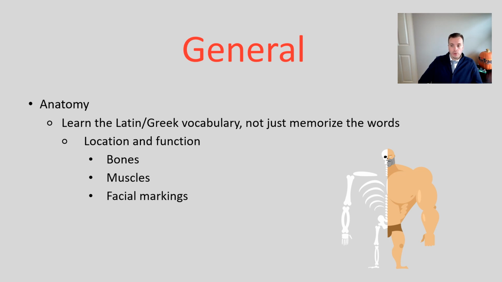So knowing those words means that instead of just memorizing something super long, you're going to be able to see them in different contexts. So if you learn a word as it applies to a bone, then you're going to be able to learn that again as it applies to the muscles.